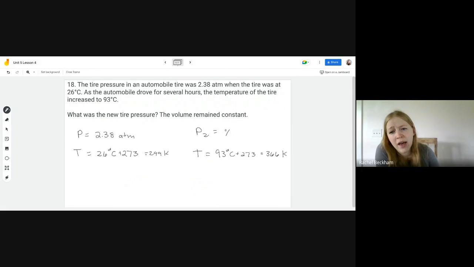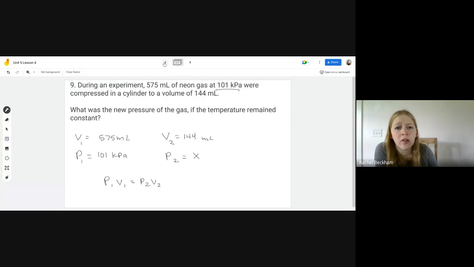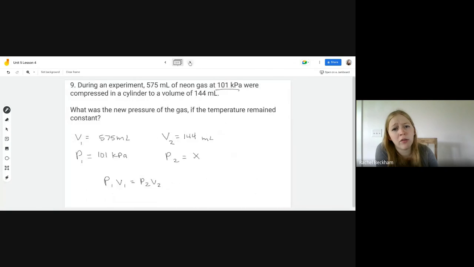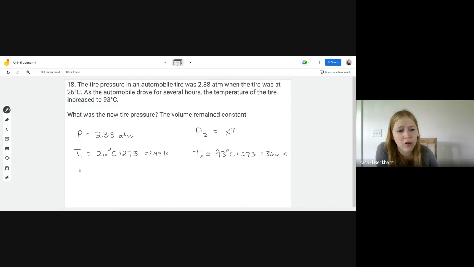So that's like my X, right? I have a P1, a T1, a P2, and a T2. Looking at my equations here, I'm going to use Gay-Lussac's law: P1 over T1 equals P2 over T2. And just plug everything in.